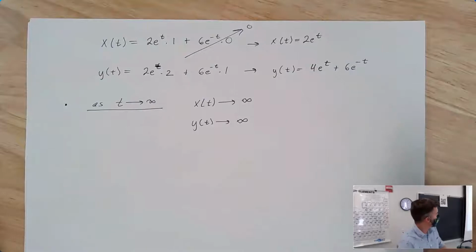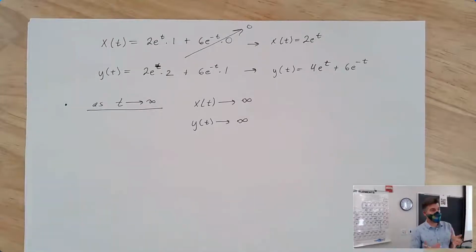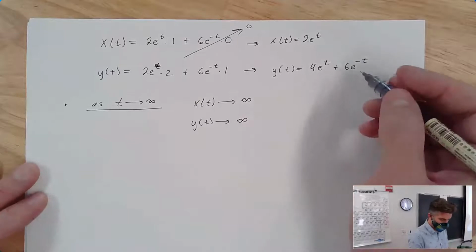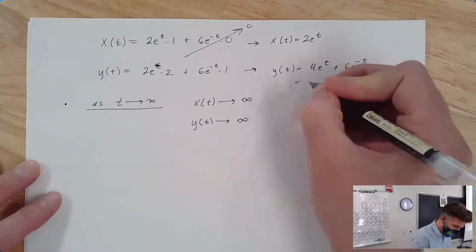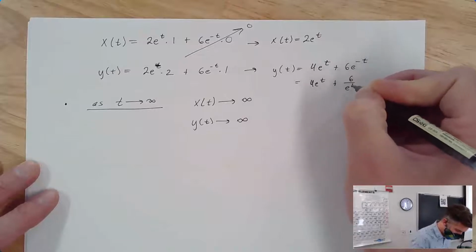That's a good question. I like that question. So the reason it's not is, we're not so much concerned with the coefficient as the part that's changing. So I'm going to rewrite 6 e to the negative t, so y is 4 e to the t plus 6 over e to the t.